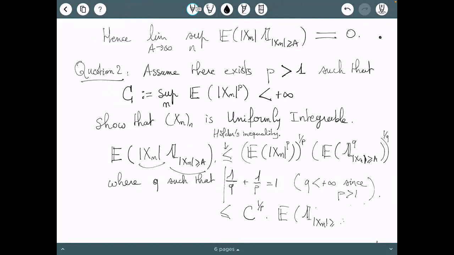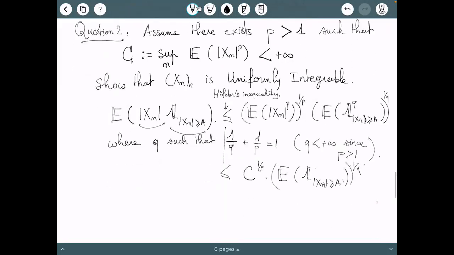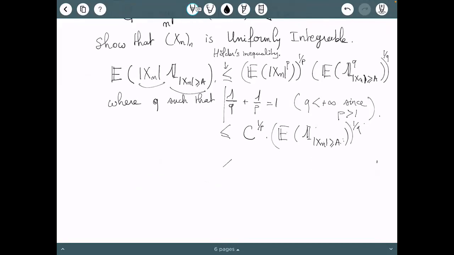So I agree that this expectation I can write like C, 1 over p, probability that xn bigger than a, power 1 over q. And then what do I do? Because at the end I need some bound which is independent of n, depending on a, going to 0 as a goes to infinity.